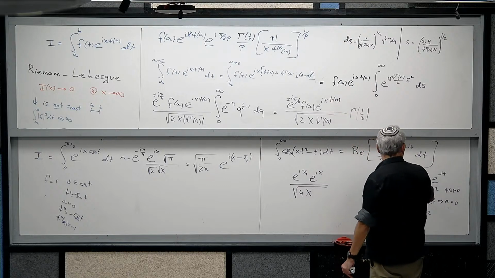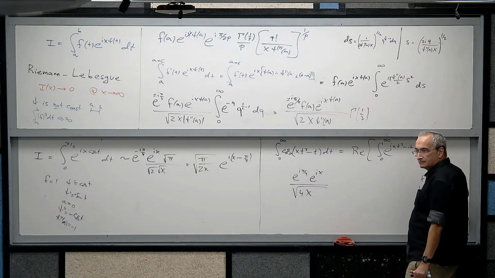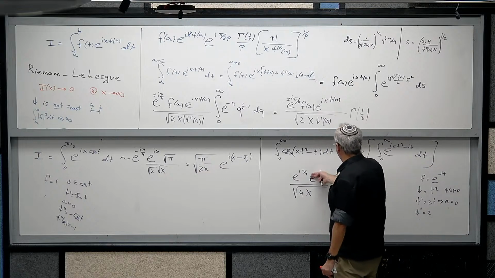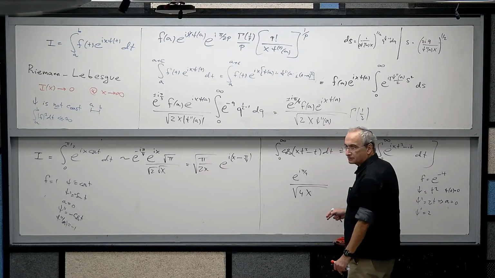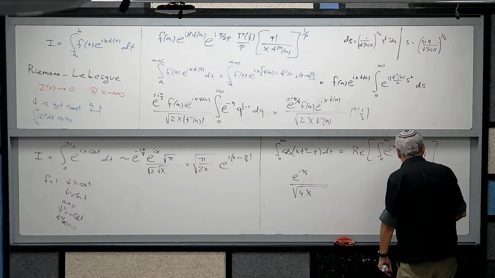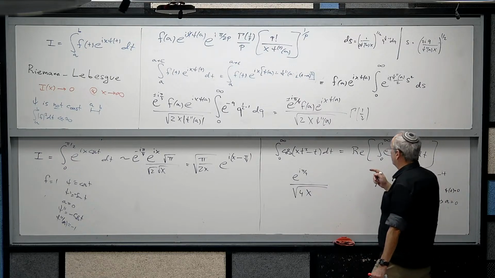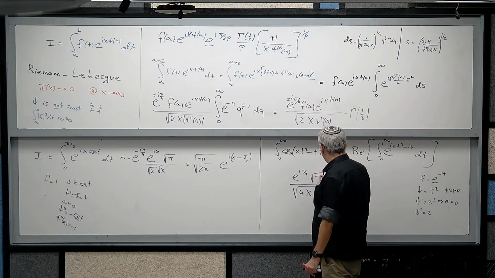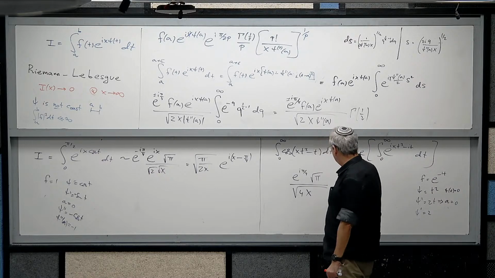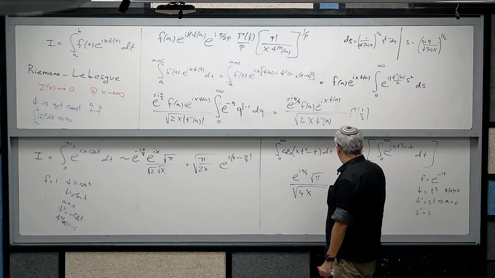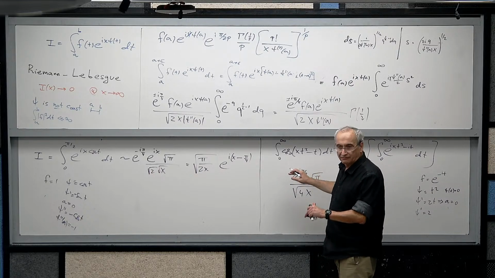Psi of a is 0. Ah, sorry, so it's just one. I have nothing like that. So you're right. Okay? And gamma of 1/2, which is square root of pi. And I should take the real part of that.